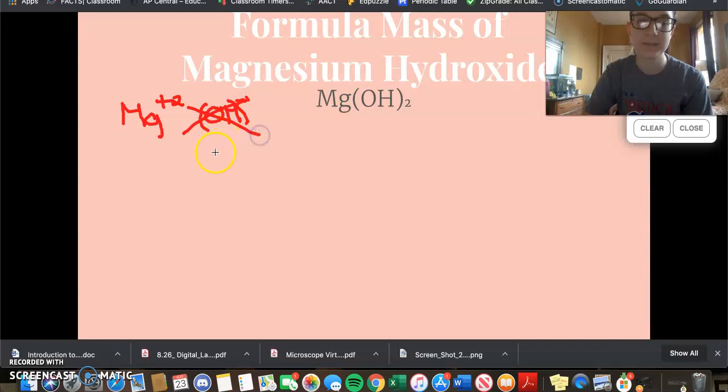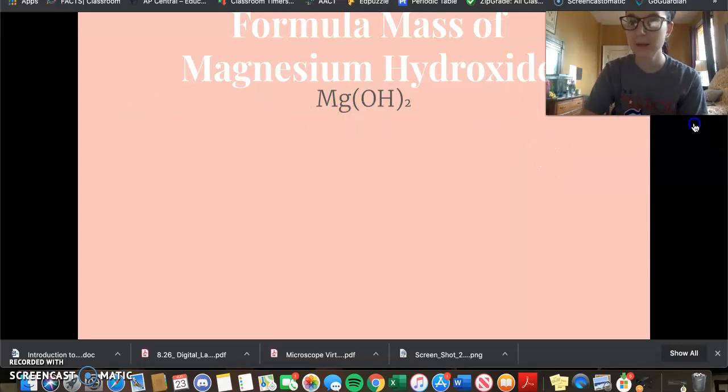Then we get Mg with a 1 subscript, which we don't show, and OH with a 2, and then we would reduce. For example, if we had 2 and 4 here, we would reduce to 1 and 2. But here, we are already reduced because 1 and 2 can't be reduced any further. So that's how we find the chemical formula, or really the formula unit, of magnesium hydroxide.